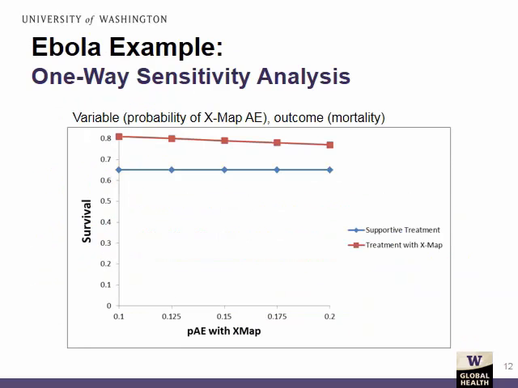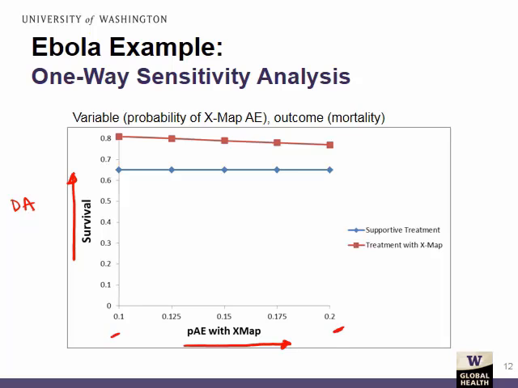Here's an example of a one-way sensitivity analysis for our Ebola example. On this axis we have survival, which was our main outcome of interest, at least for the decision analysis part, before we included costs. One of the main variables in the model was the probability of adverse events for XMAP. This is on this axis, and it ranges from 0.1 to 0.2.